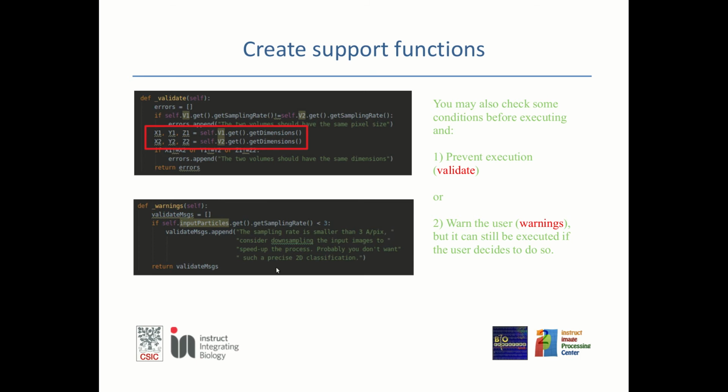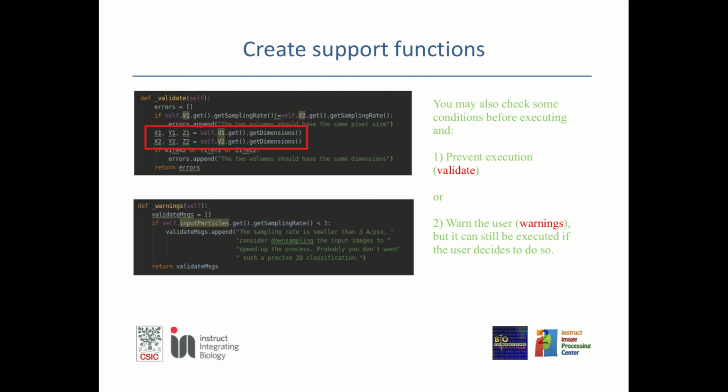And a milder condition is the warnings. In the warnings, sometimes you may execute, but probably this is not the best condition to execute. For instance, this is borrowed from 2D classification. In 2D classification, if the sampling rate is smaller than 3, probably your images are very large, it will take a lot of time. Actually, you don't need that very high resolution to perform the 2D classification.